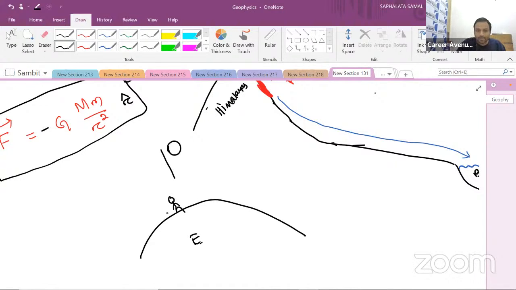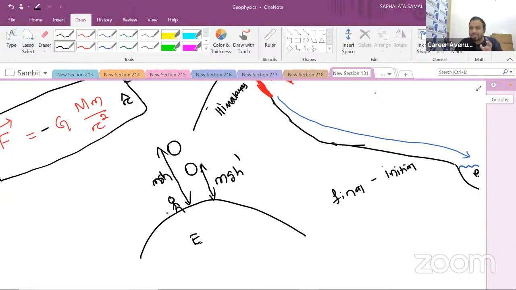Here the potential energy is, let's say, mgh. But when the ball is coming down, suppose at this position, the potential energy will be, let's say, mgh dash. The h has decreased. That means the potential energy has decreased. So when I find the change in energy, that will be final minus initial.